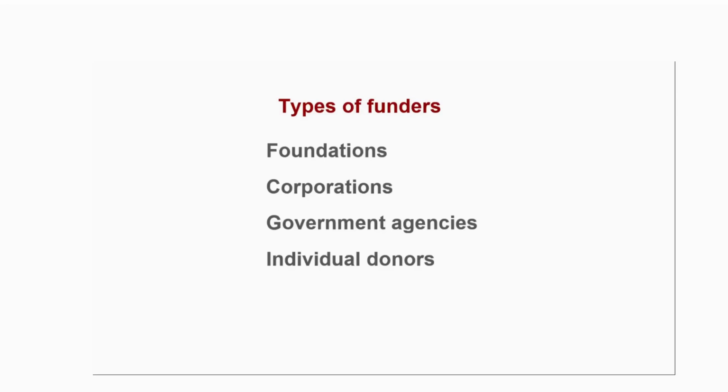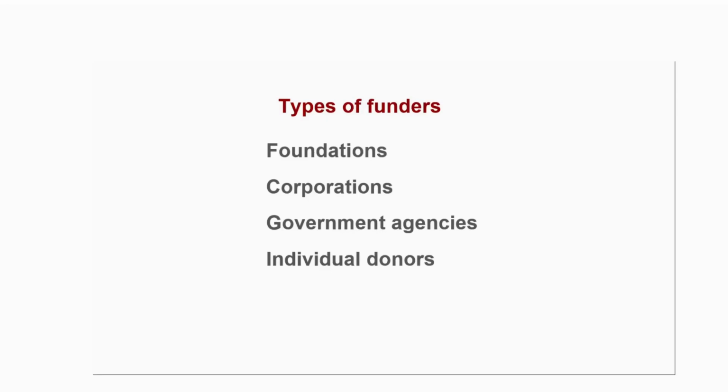A good example is the Ford Foundation. This organization will donate funds to organizations that are involved in poverty eradication and things like injustice in the society.